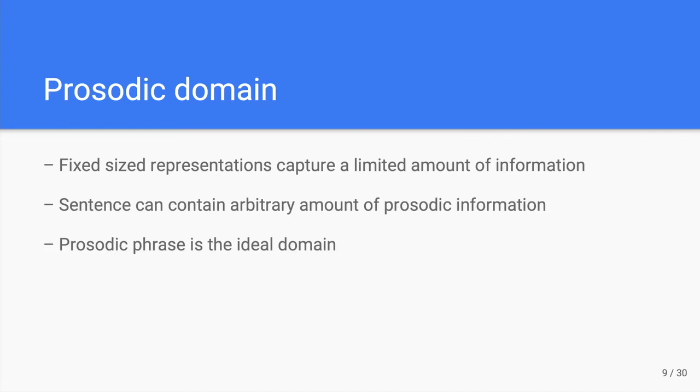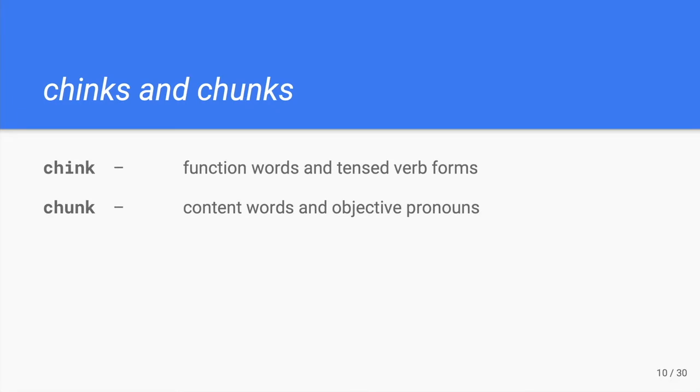There is also the question of how to choose prosodic phrasing when the audio is not available at synthesis time. We could use syntactic structure to get phrasing, however there is a mismatch between syntax and prosodic structure. In this case, we use a heuristic text-based parser called chinks and chunks. In this approach, there are two categories.